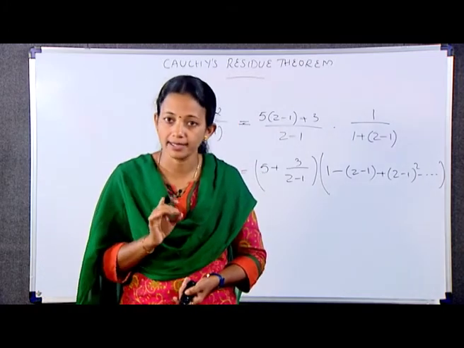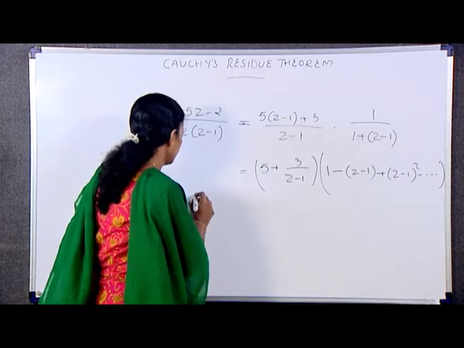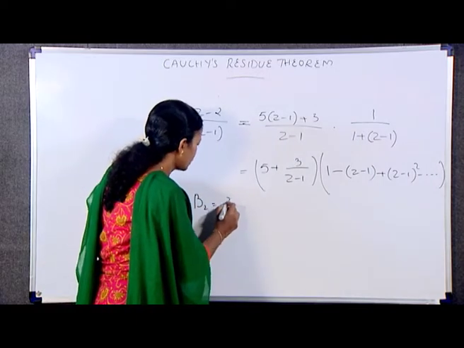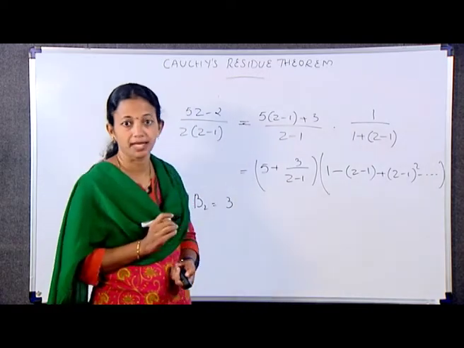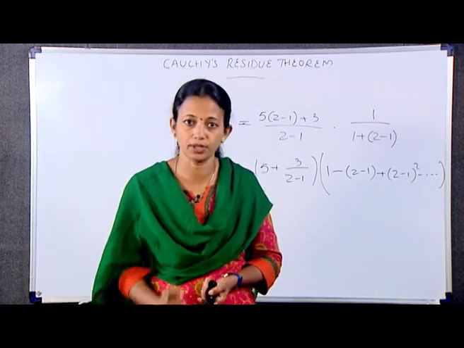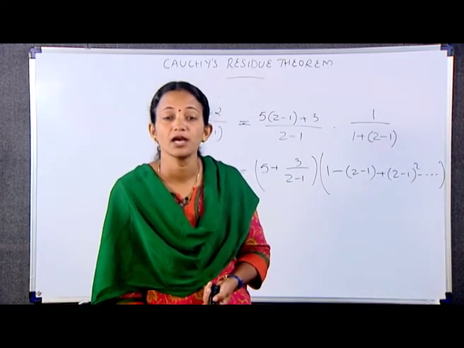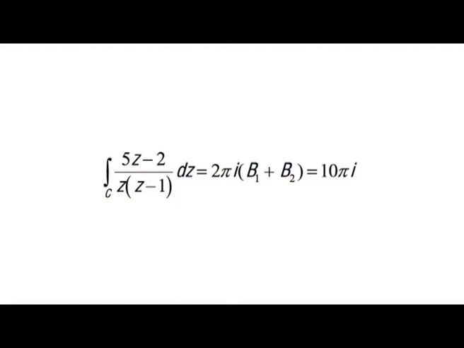We obviously get B2 is equal to 3. Thus, using Cauchy's residue theorem, the integral over C of (5z minus 2) by z into (z minus 1) dz is equal to 2 pi i times (B1 plus B2). It becomes 10 pi i.